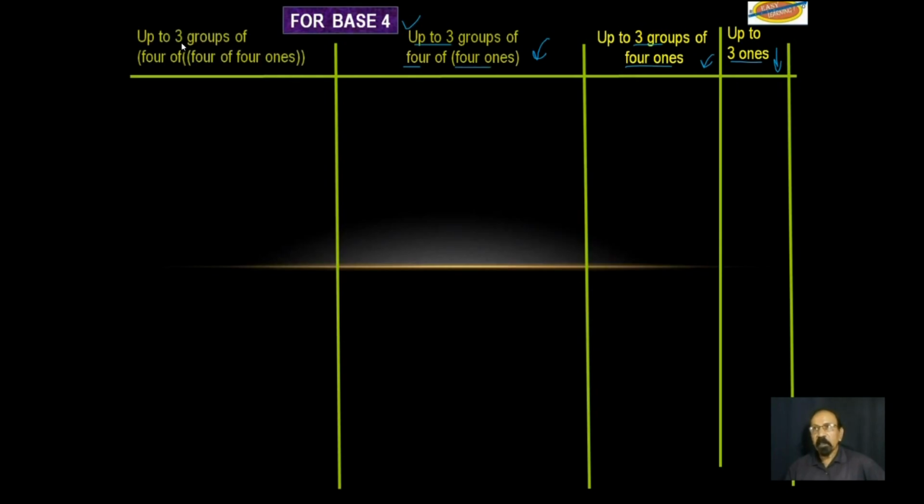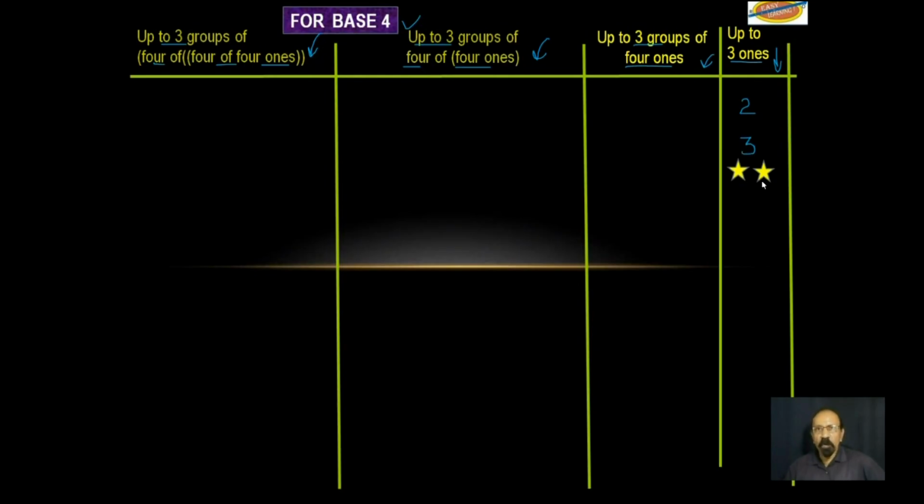And then in this next position here on the left, we could have up to 3 groups of 4 1s. So let us say you have 2 stars here. That's fine. You can write 2 in this column. If you add 1 more, which I am not going to show, you can add 3.